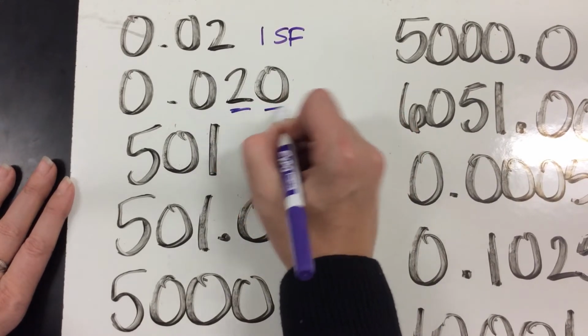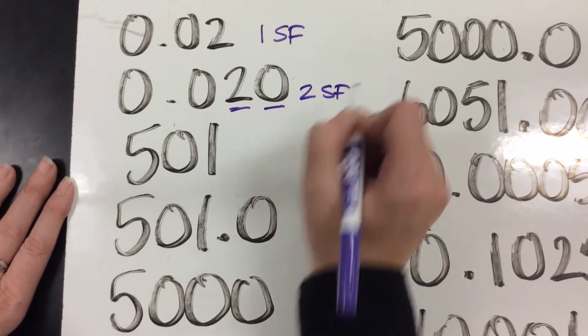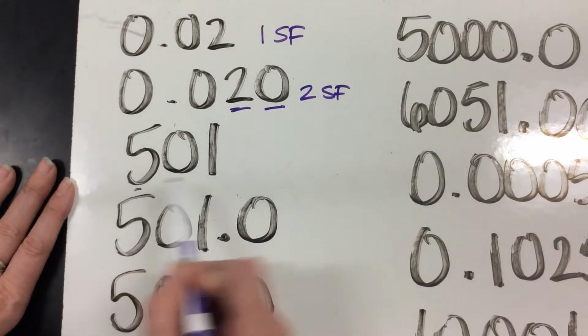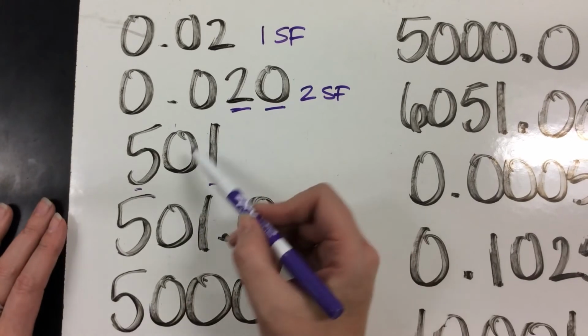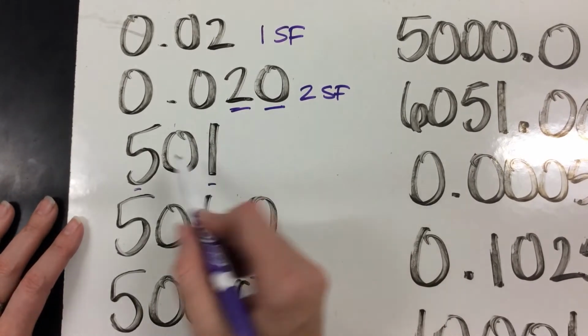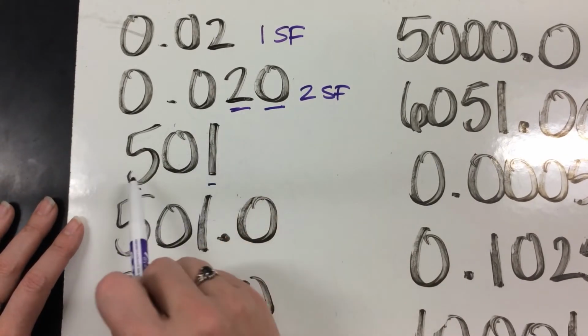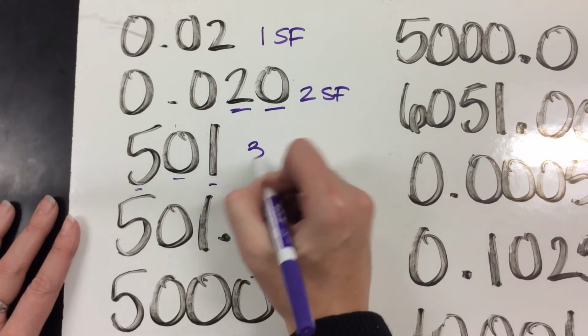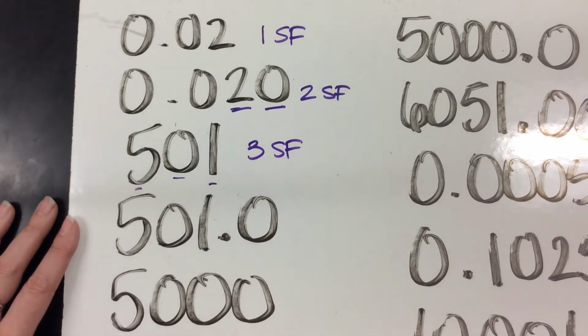So I count the 2, I count the 0, 2 sig figs. Now in 501, I count the 5, I count the 1. This 0 is a sandwich 0. Sandwich zeros are smashed in between non-zero numbers. So we count that 0 because sandwiches always count. We've got 3 sig figs.